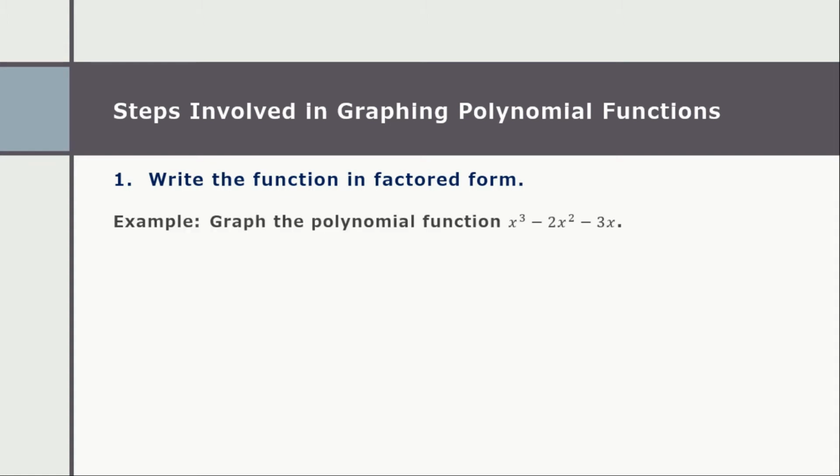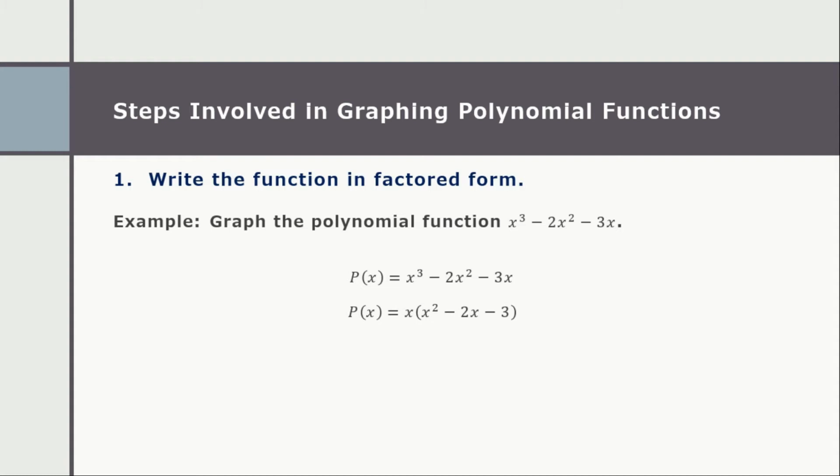For example, graph the polynomial function x raised to 3 minus 2x raised to 2 minus 3x. So we have p of x, which is equal to x raised to 3 minus 2x raised to 2 minus 3x. And the common factor that I have is x. So we have x multiplied to x raised to 2 minus 2x minus 3.